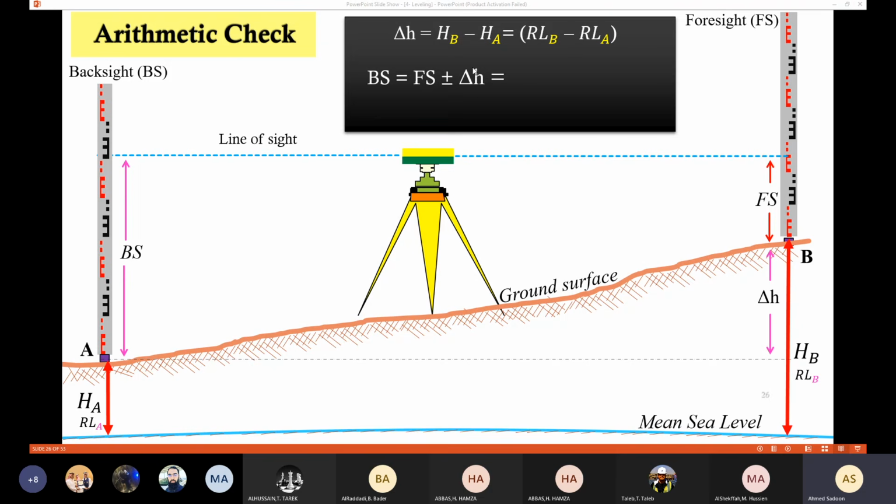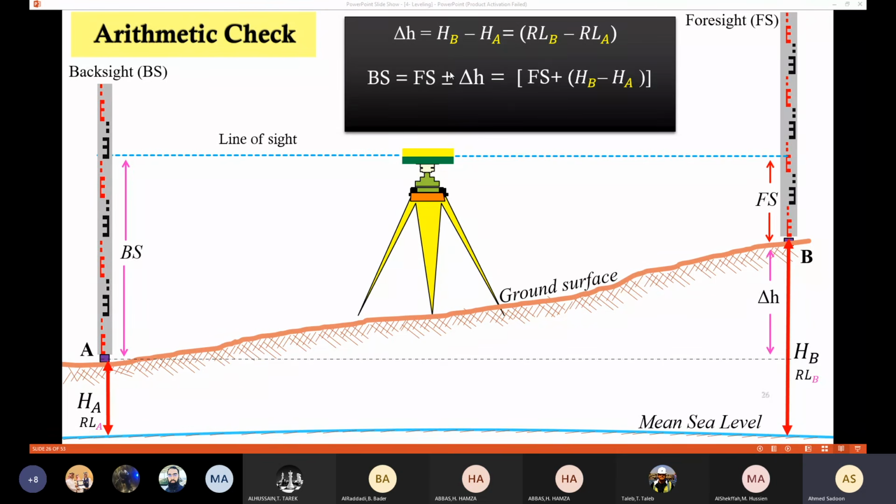And this delta H represents HB minus HA. In this case, we have the backsight equal to the foresight plus delta H. In other cases, the backsight is going to be the foresight minus delta H.